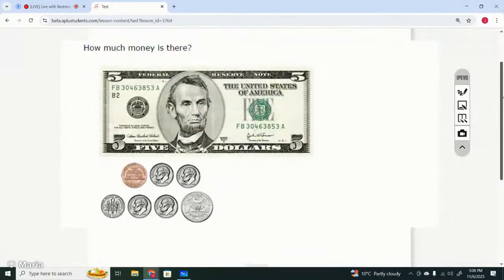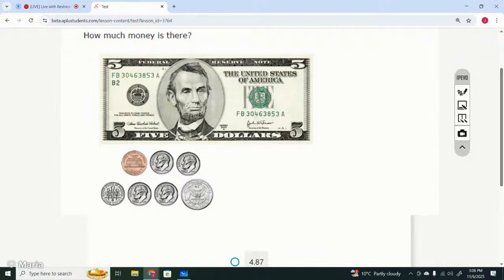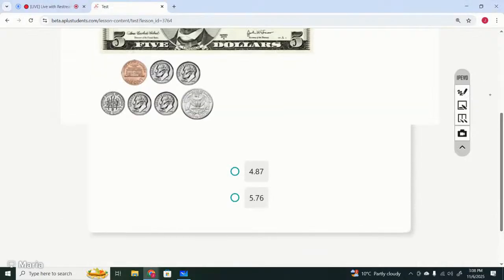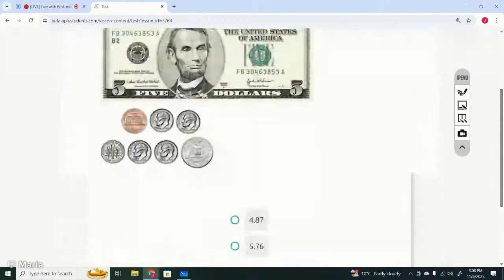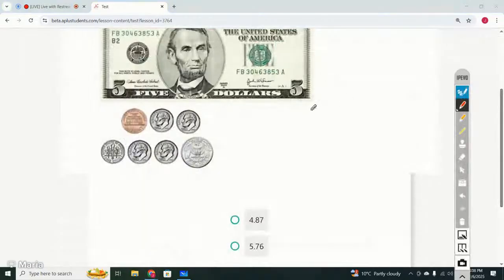How much money is there? So we have a $5 bill. Then we have a quarter.